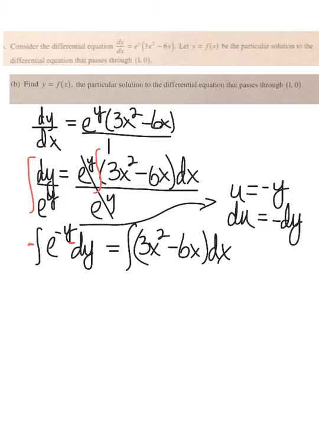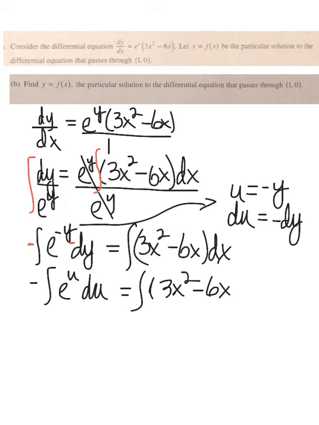Okay, so let's see what we get here. So I've got the negative integral of e to the u du. Let's make that look like a u. And again, this one's easy peasy over here. We're just going to leave that as 3x squared. Okay. So the integral of e to the u is just e to the u. Right.